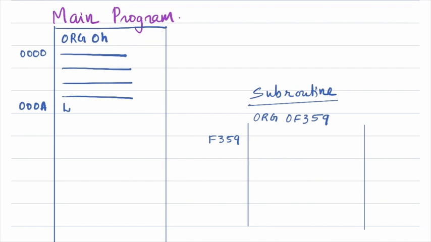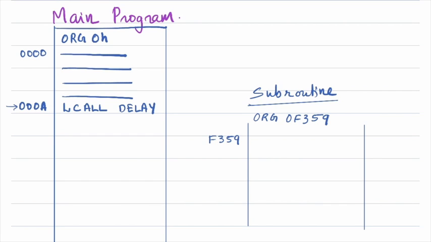So I will use lcall delay. So this is the call function which I am writing in the memory 000A. So remember 000A is the memory address of the instruction which is lcall delay.